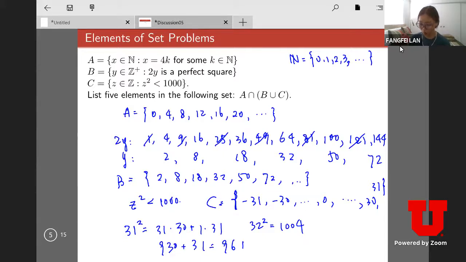Okay, so now we want set A intersect with B or C. What does that mean?